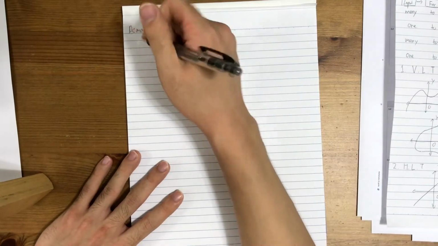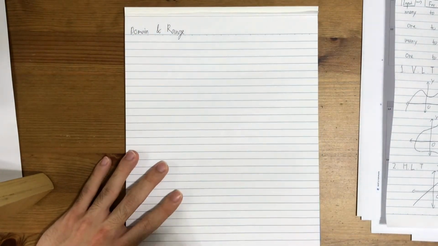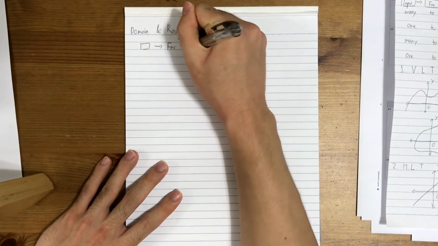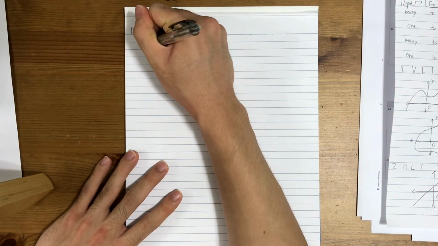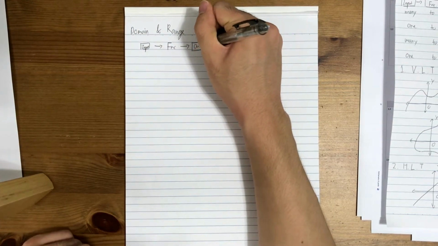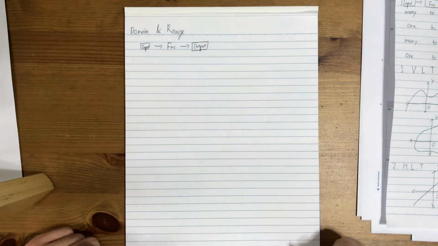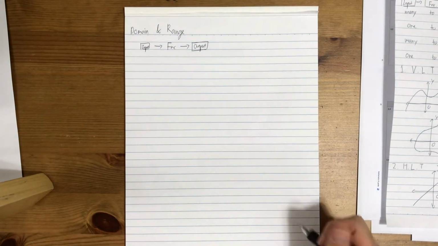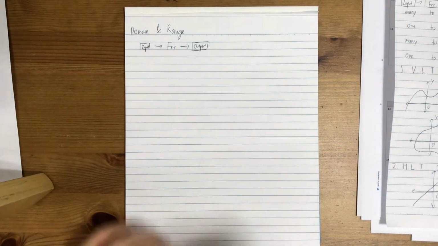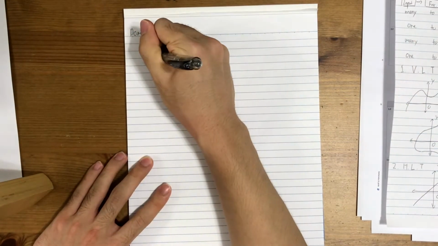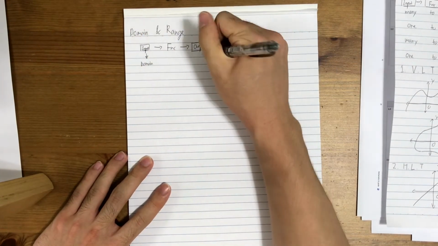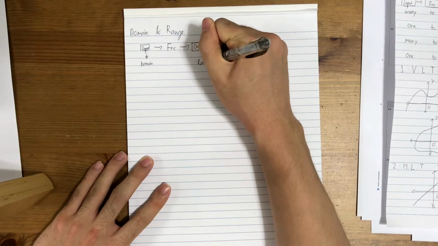As I said in the beginning, every function follows this algorithm. Every function, as long as it's a function, must have an input and an output. For this input and output, we have mathematical terms: this input we call the domain, and this output we call the range.